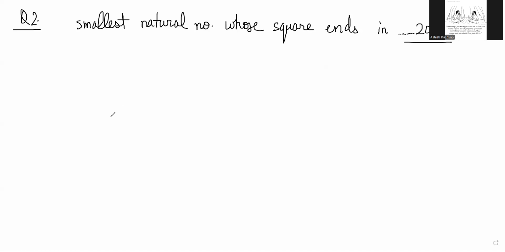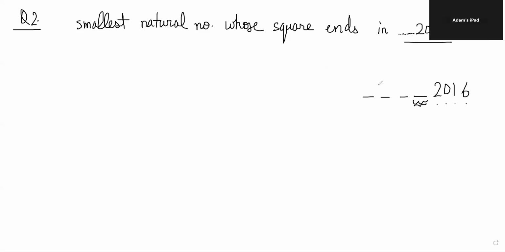So basically, since it's ending in 2016, the number might have many other digits, but it ends in 2016, right? So units, tens, hundreds, thousands, this is the 10,000's place. So the final square should be some 10,000 into k plus 2016.